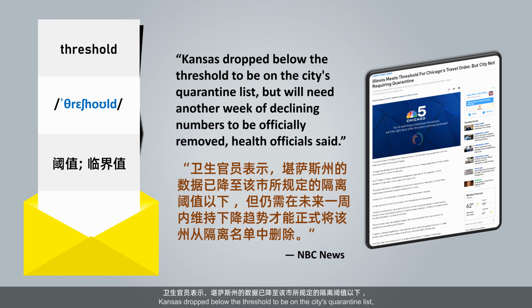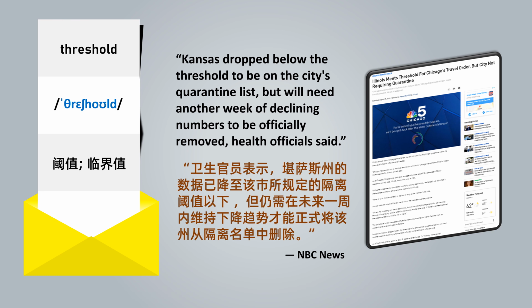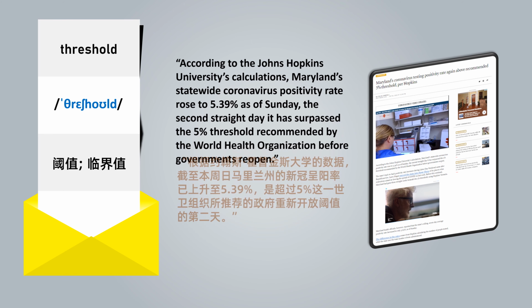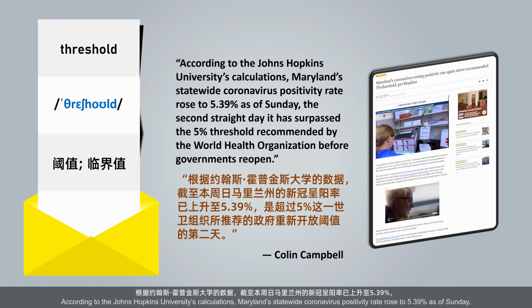Kansas dropped below the threshold to be on the city's quarantine list, but will need another week of declining numbers to be officially removed, health officials said. According to the Johns Hopkins University's calculations, Maryland's statewide coronavirus positivity rate rose to 5.39% as of Sunday, the second straight day it has surpassed the 5% threshold recommended by the World Health Organization before governments reopen.